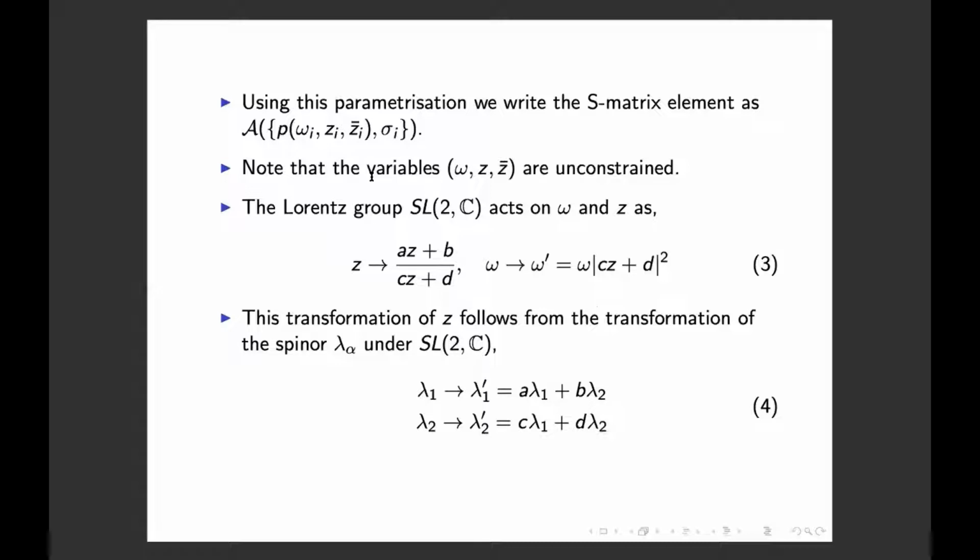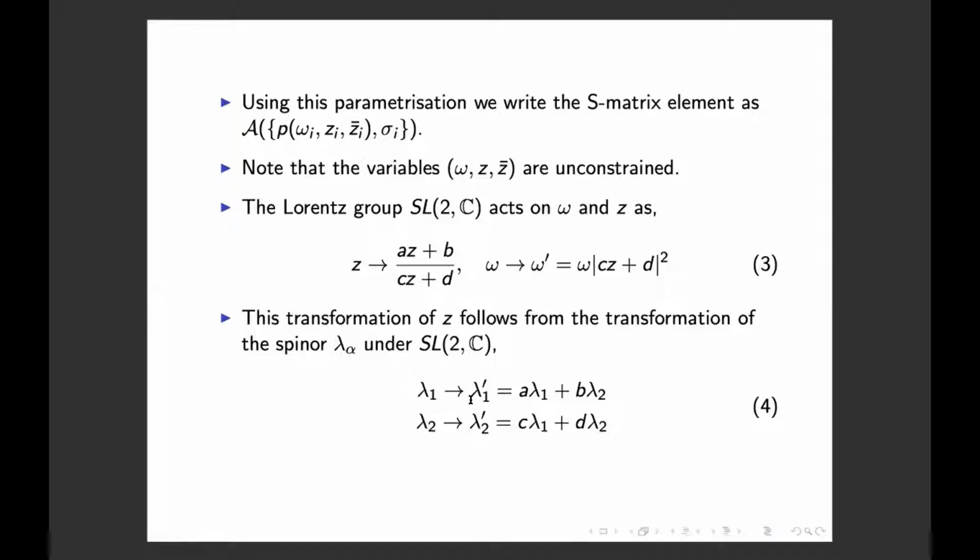Now the SL2C, which is the Lorentz group in 4 dimensions, acts on Z as Z going to AZ plus B by CZ plus D, and this omega transforms into omega times mod of CZ plus D squared. Now this transformation simply follows from the transformation law of the spinor, this lambda alpha under the SL2C, so it transforms like that.